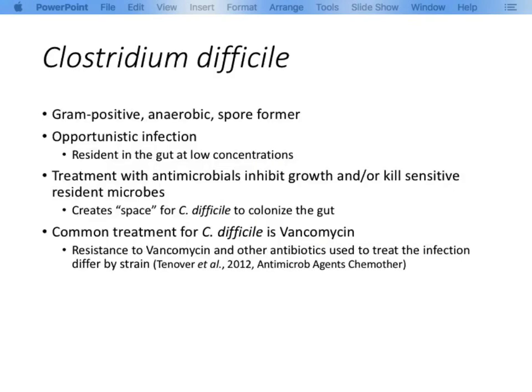So we've covered this a little bit already, but gram-positive bacillus, spore former, opportunistic infector, in other words, and this is common among superinfections. They are opportunistic pathogens.